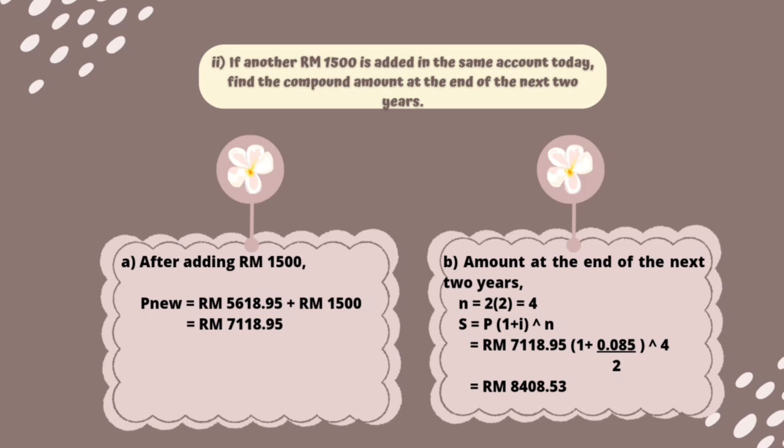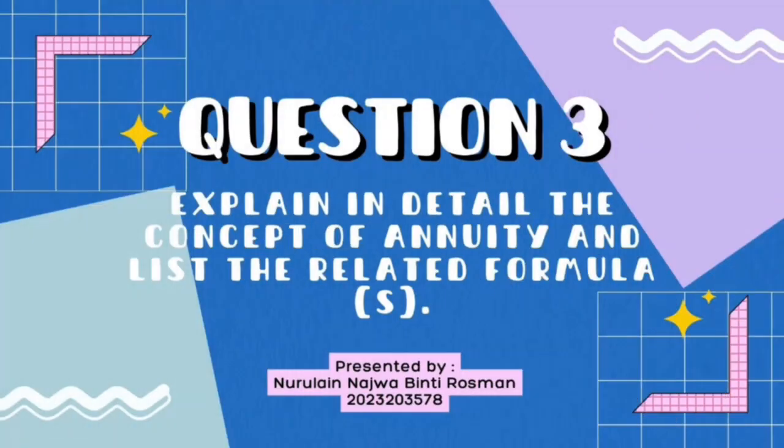So S equals 7,118.95 ringgit, open bracket 1 plus 0.085 divided by 2, close bracket powered by 4. So at the end we will get 8,408.53 ringgit.